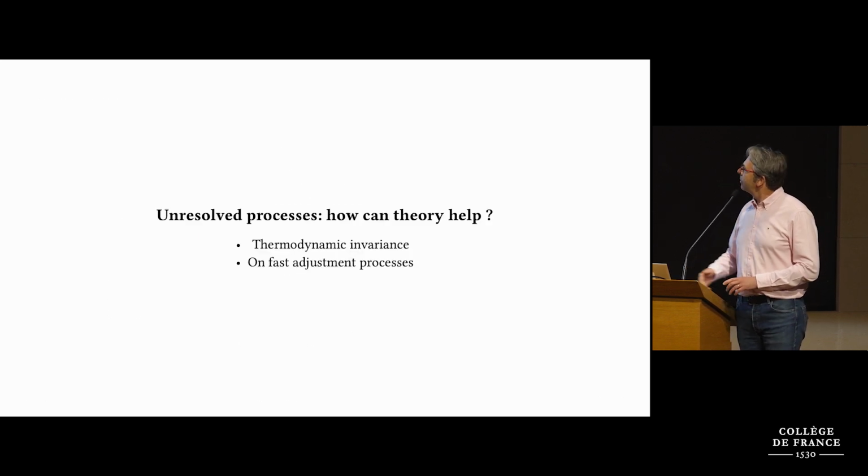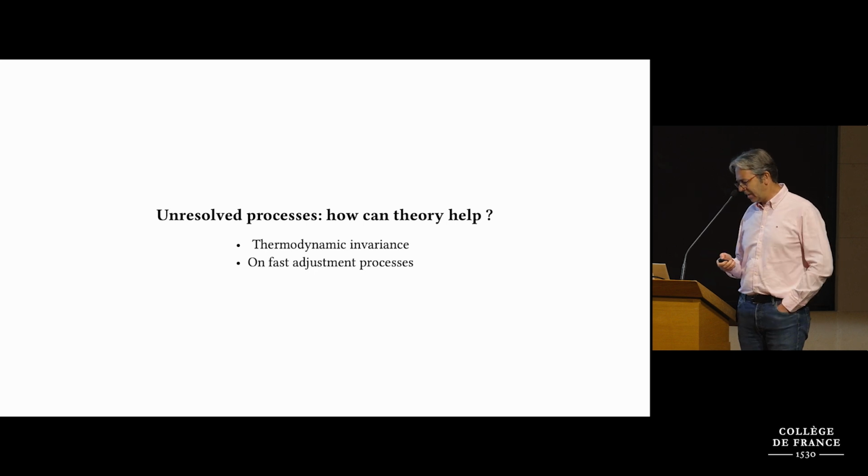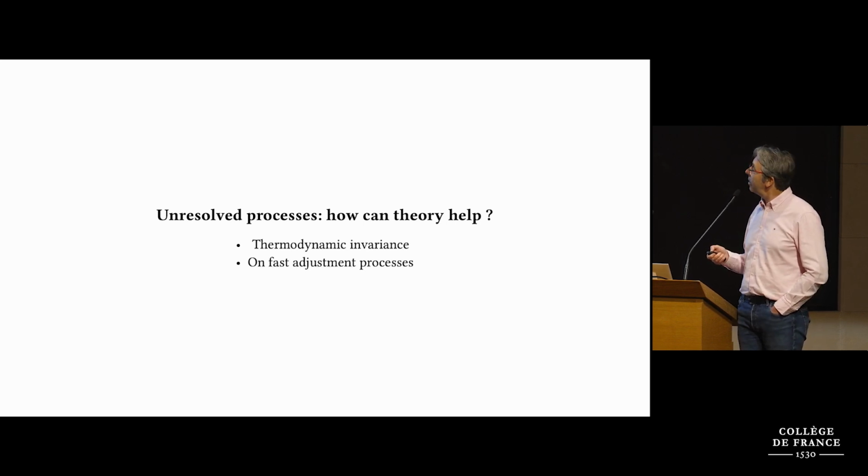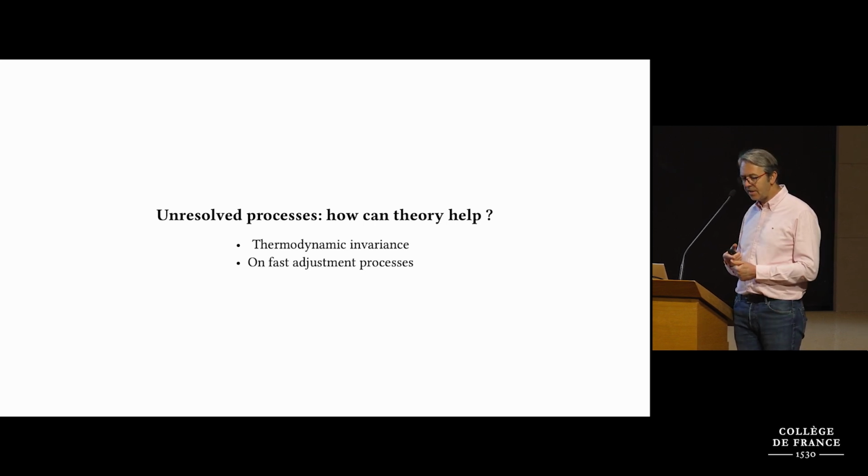So can theory help? I think if you interview people who are not of my kind, who actually create parameterizations, they would probably answer you that so far theory has been of very little help to them. What is of help to them is mostly data, physical intuition, and trial and error.